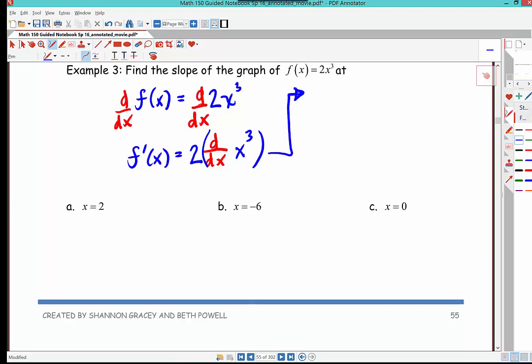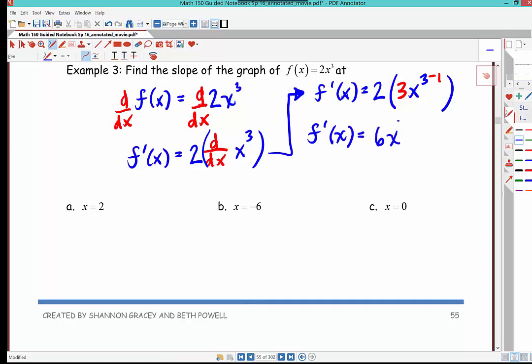And then we'll have f prime of x is equal to 2 times, applying our derivative, 3 times x to the 3 minus 1, which will give us f prime of x is equal to 6x squared.